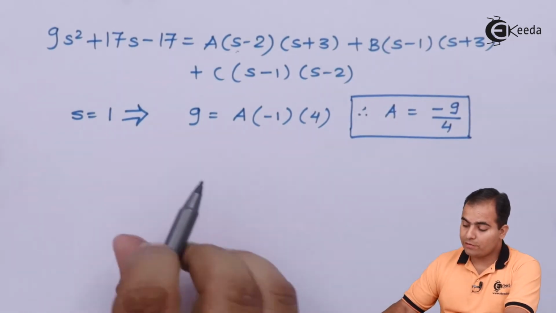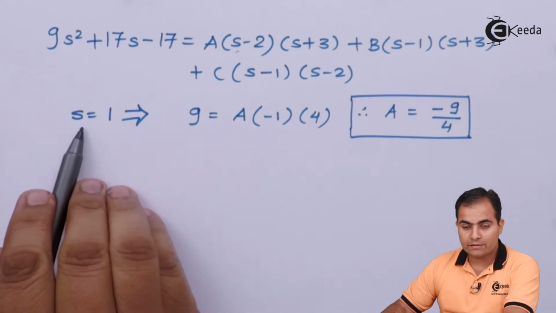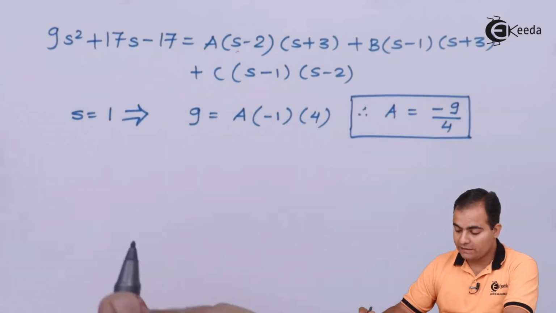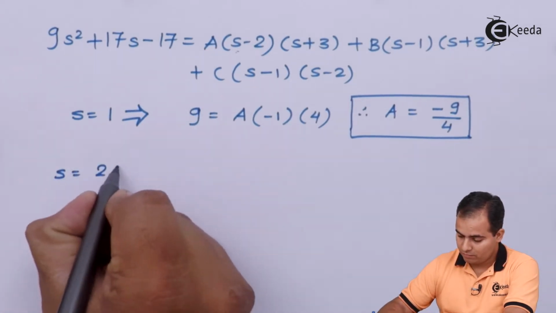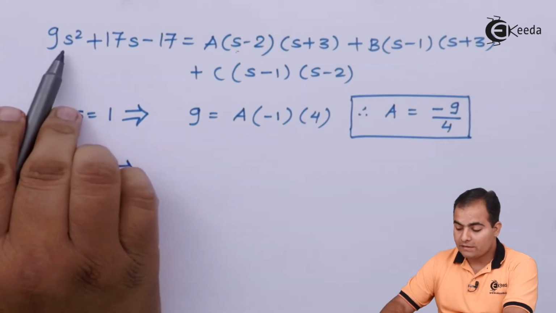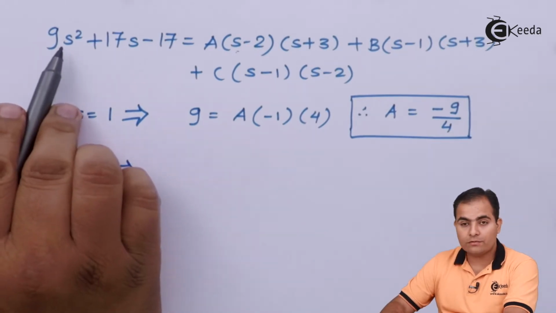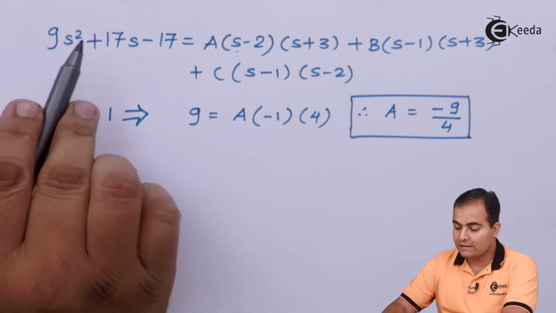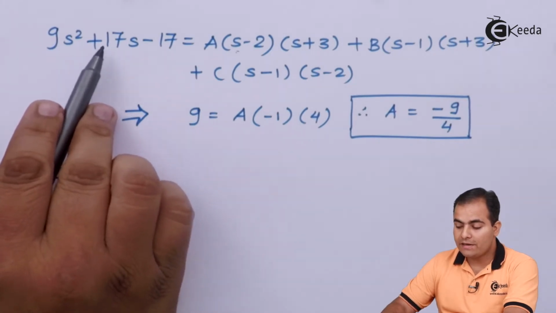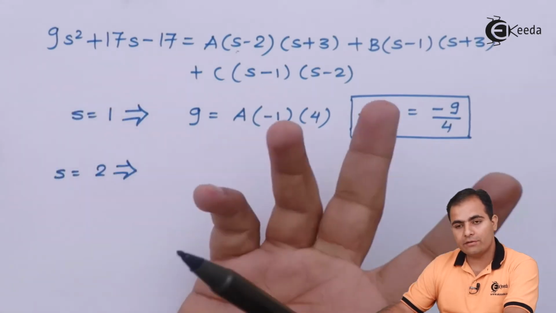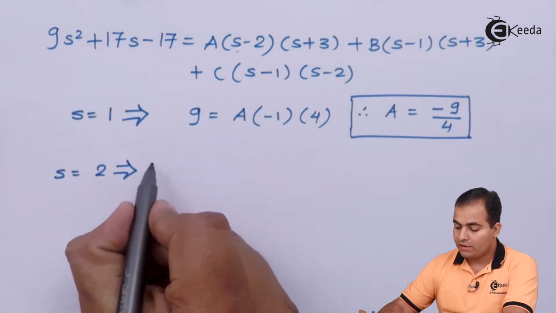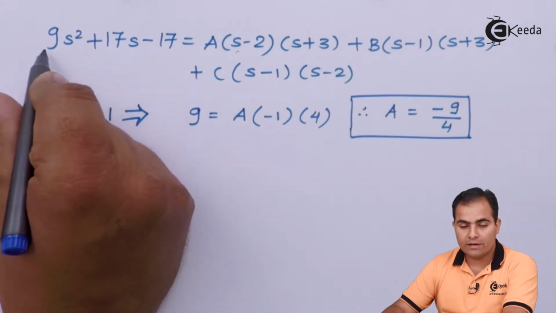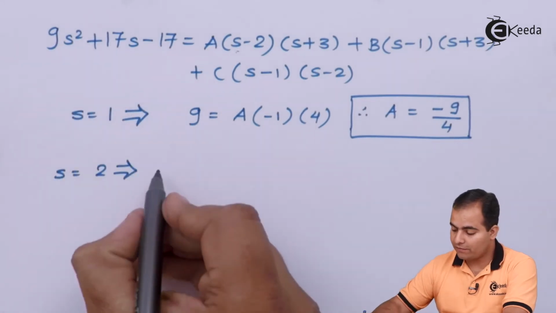Similarly, substitute the values s equals 2 and s equals minus 3. If I replace s by 2, then this becomes 4, and 9 fours are 36, and 17 into 2 becomes 34, and 34 minus 17 will have 17 only. So here you will get 4 into 9, 36, plus 17 on the left hand side.